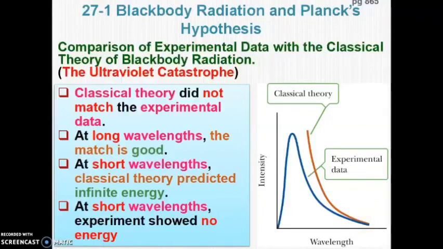But when you look at the shorter wavelength here, let's say at this position, what happened to your experimental data and the classical theory? When your wavelength is shorter here, your classical theory did not match the experimental data.